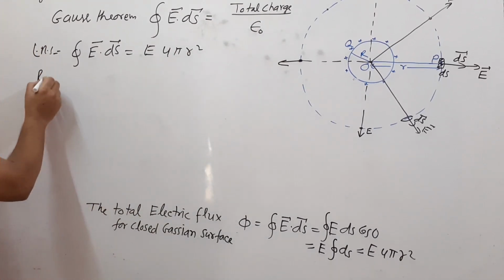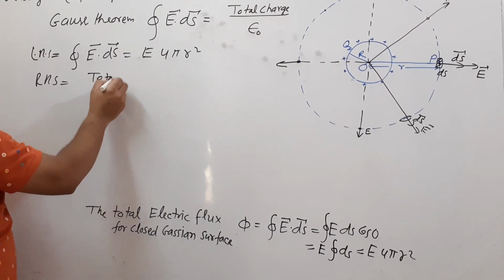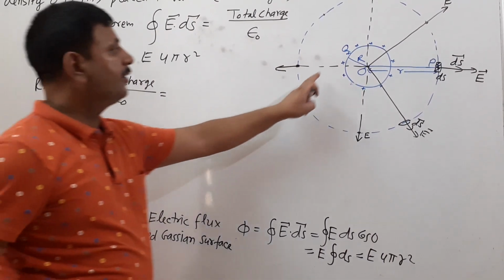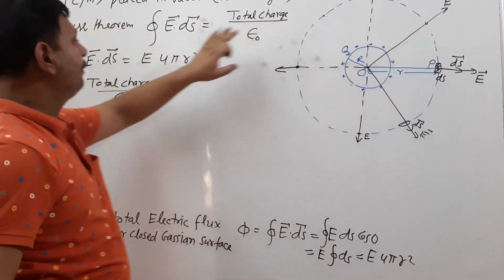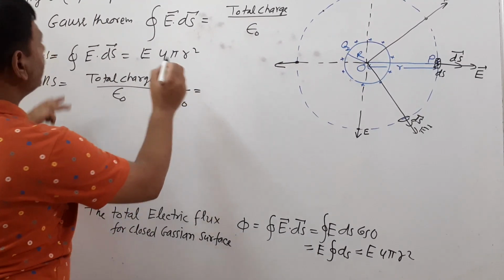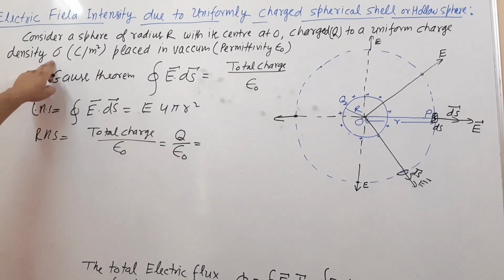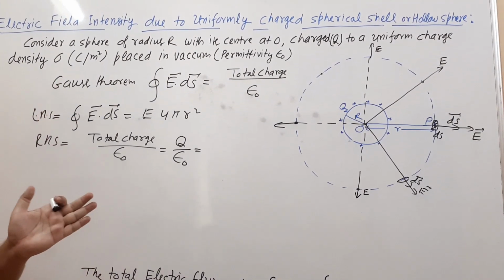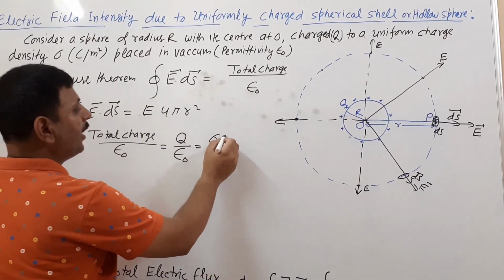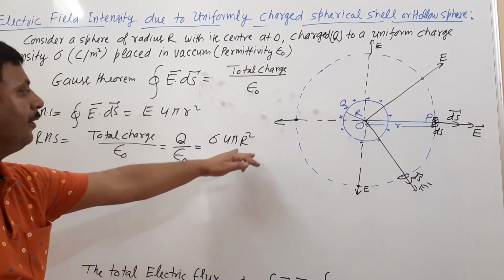What will be the right hand side of Gauss theorem? It is the total charge upon epsilon naught. Here the total charge is given as q, so q upon epsilon naught. If sigma is the surface charge density, then q can be written as sigma into the area. The area of a hollow sphere or spherical shell is 4 pi r square.